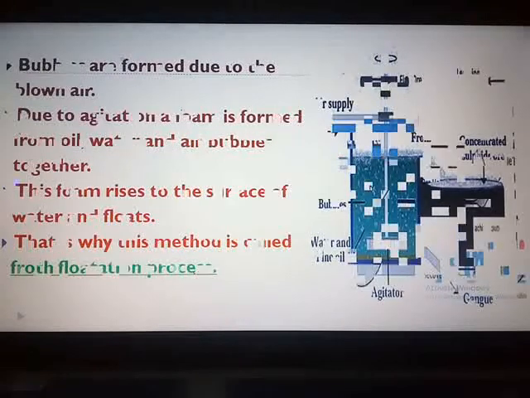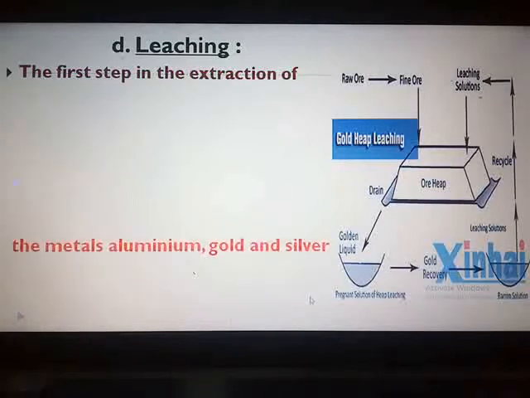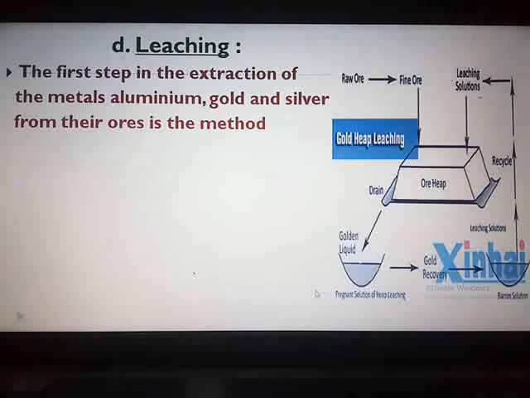And the last method in our syllabus is leaching. Look at the term leaching. Now the first step in the extraction of certain metals like aluminium, gold, silver from their ores is the method of leaching. In this chapter you are going to study about the extraction of aluminium in detail. How does this method work?